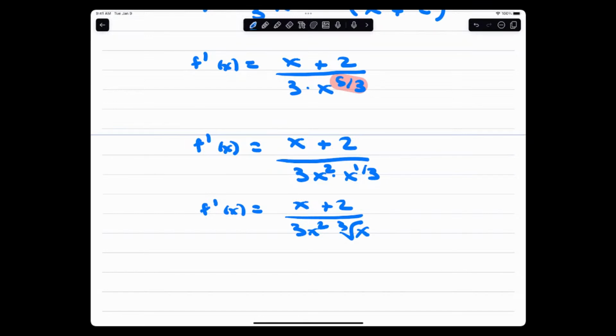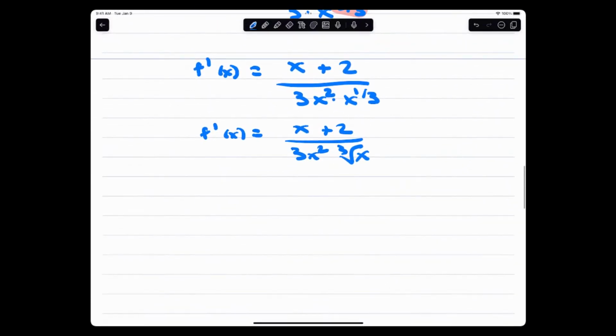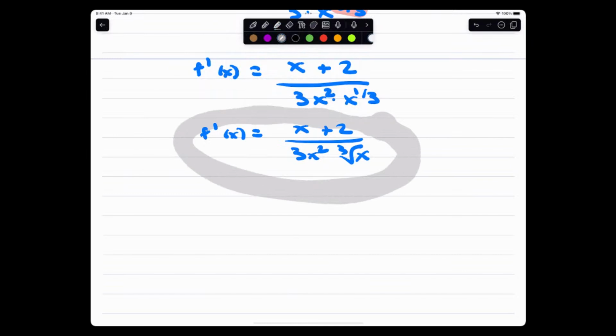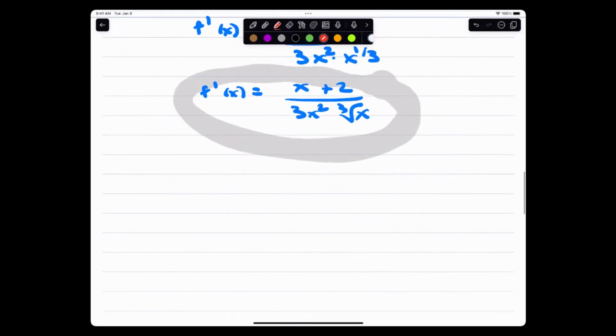Okay, so this is kind of a good example for a few reasons. Remember, what do you have to answer to be a critical value? This is only part of what you have to do. Meaning you got the derivative. What do you have to do with the derivative now? You might say, Mr. Judge, do I have to do this algebra? Well, you're not going to be able to answer the question without it, because you want to know where the derivative is equal to 0, or where the derivative does not exist.